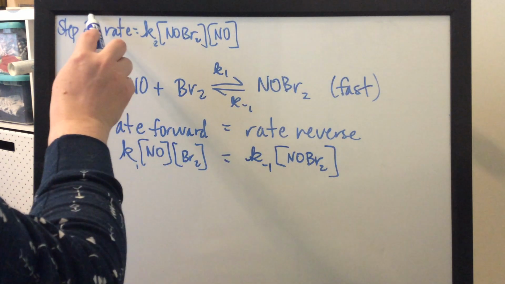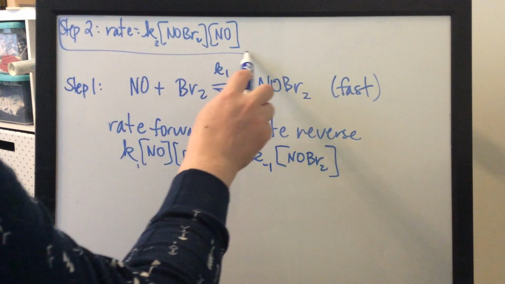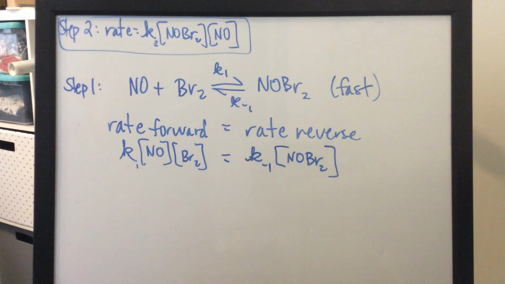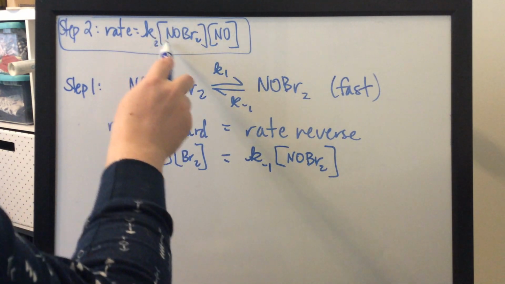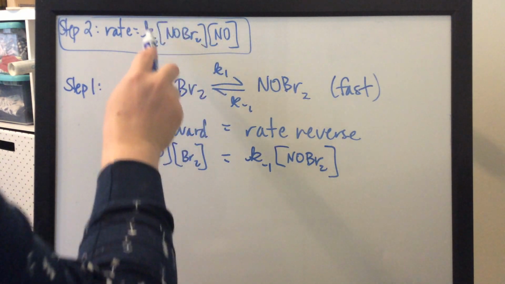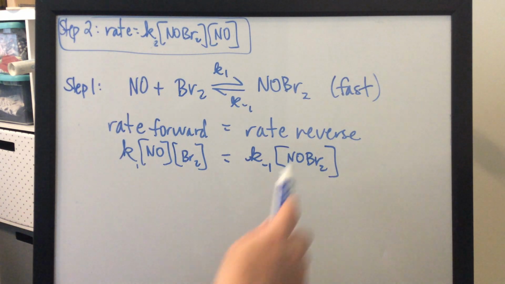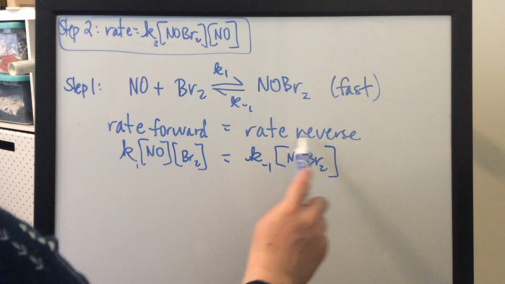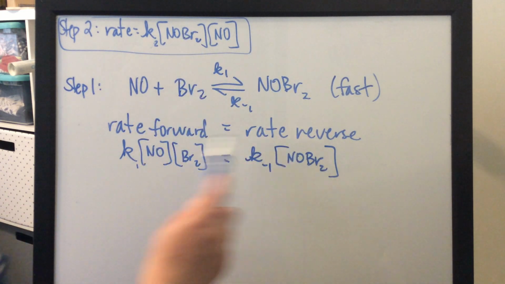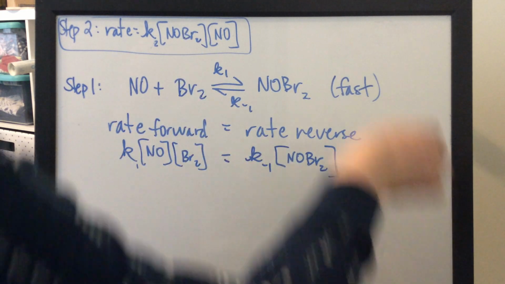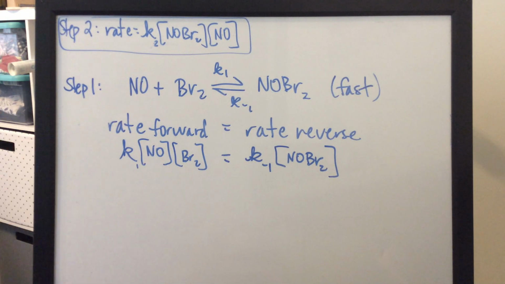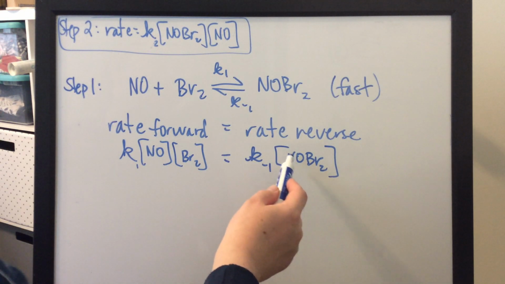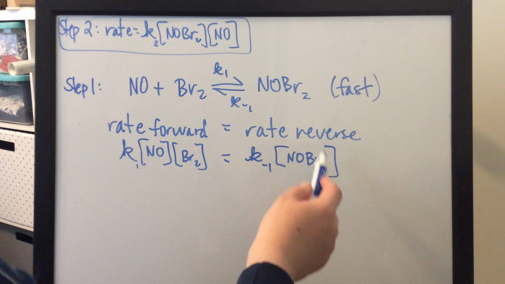Remember the goal. We know this is the rate determining step and the rate determining rate law, but we want this intermediate concentration out of there. So we're going to use this relationship and solve for the concentration of the intermediate, and then plug that value into the rate law. And we're going to do it like this. Look how close I am to having the concentration of NOBr2 by itself.